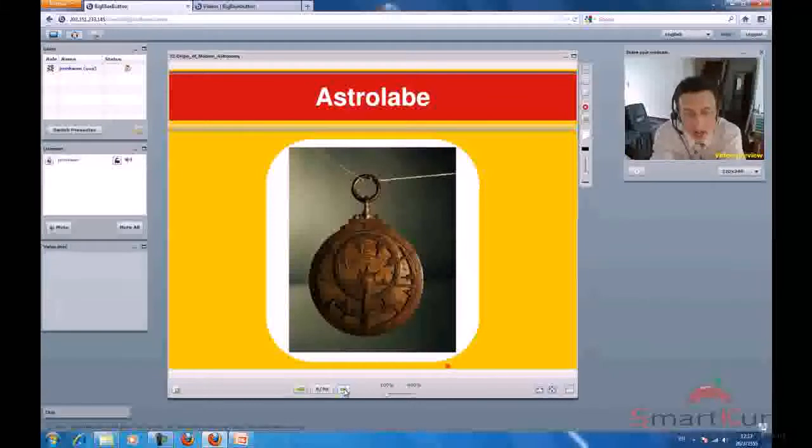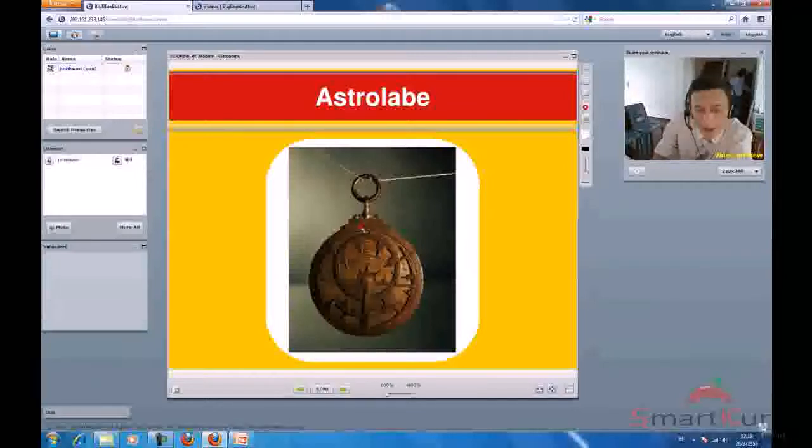If you look at this picture, you see that the astrolabe has two main circles. We have the main body and then that smaller circle on the inside. And if you look at the top of that circle, you'll see a small triangle, like a small arrow.